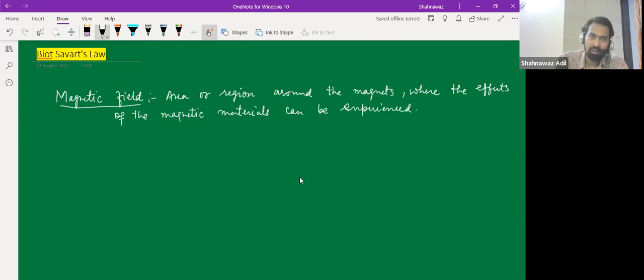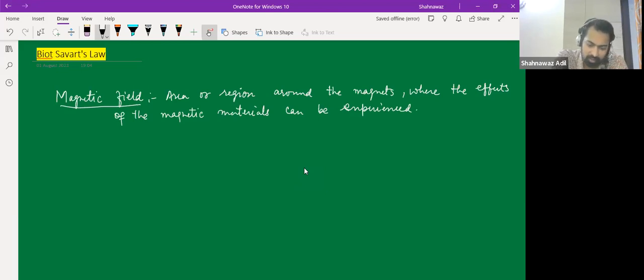So the area or region around the current carrying wire, the magnets or the magnetic materials where we can experience the magnetic effects will be called the magnetic field.